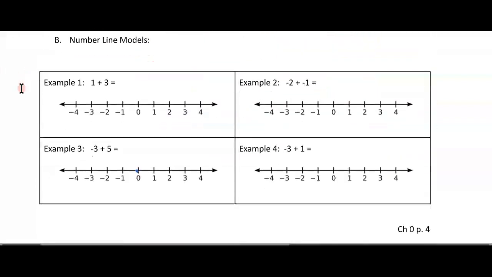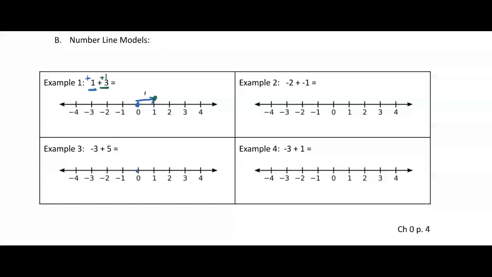You can also add integers on number line models. Whenever we have a positive number, that means I'm going to start from 0, and this is my distance from 0, but in the positive direction. So I'm going to go from 0 in the positive direction by 1. For my second number, I'm going to start where I ended from the last one.